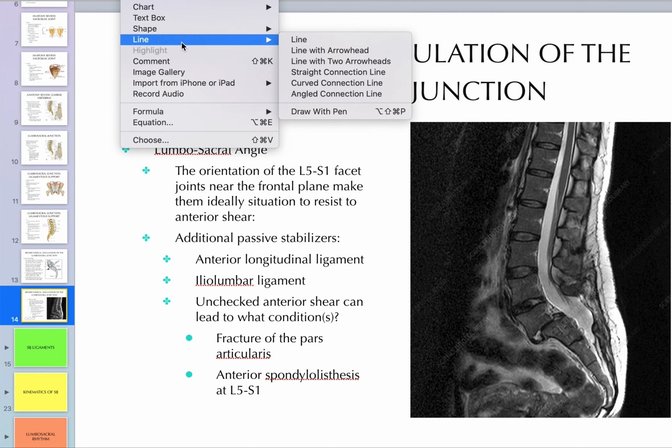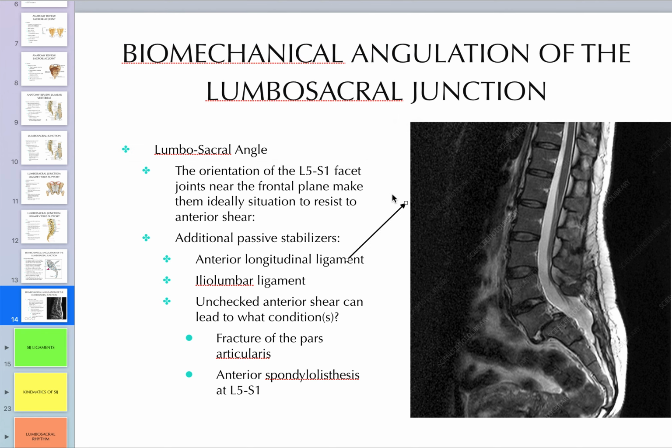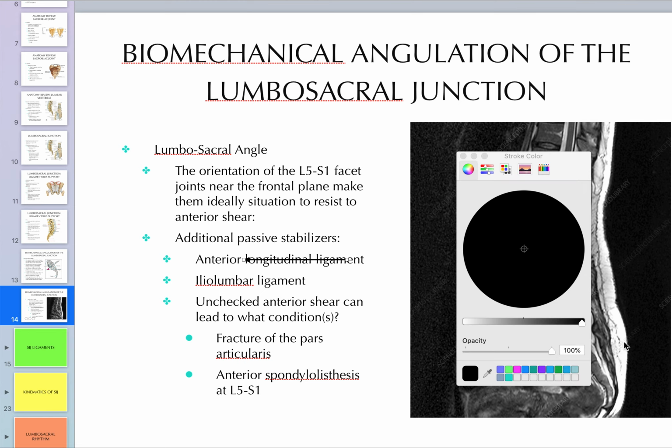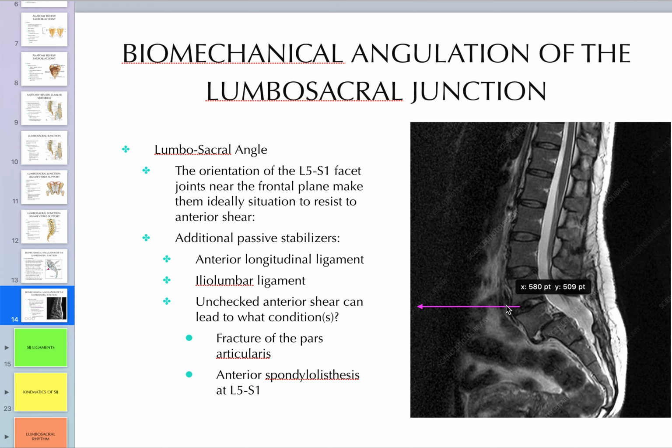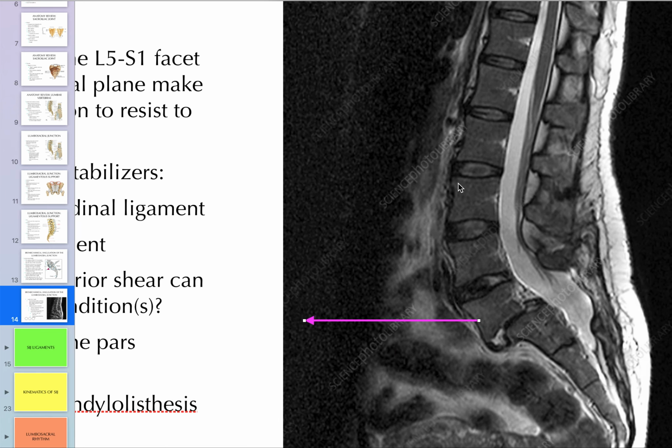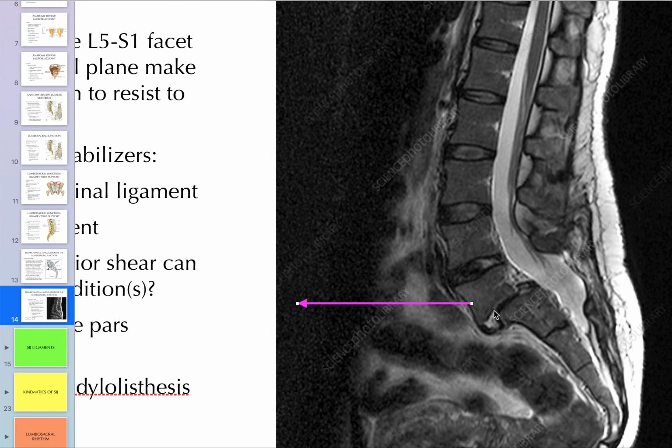So once again, I'll show you the angle right here. If you take a look at the MRI, you see how the vertebral bodies are all kind of aligned with each other. So here's the vertebral body, another vertebral body, L4, L5 right here.